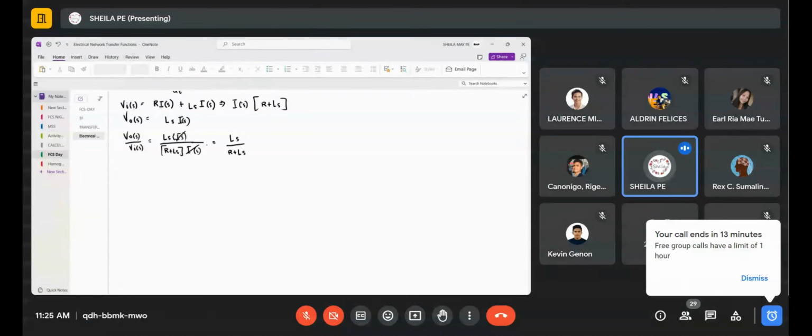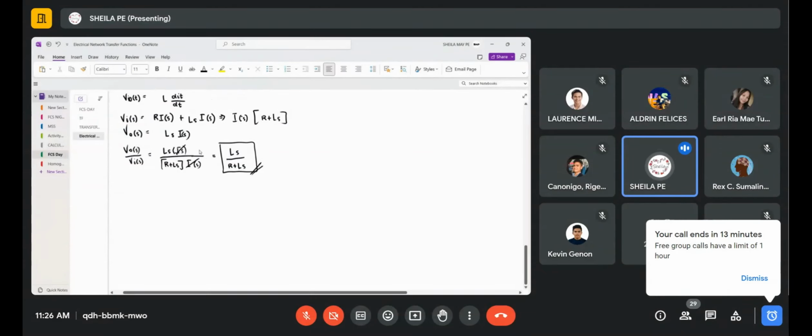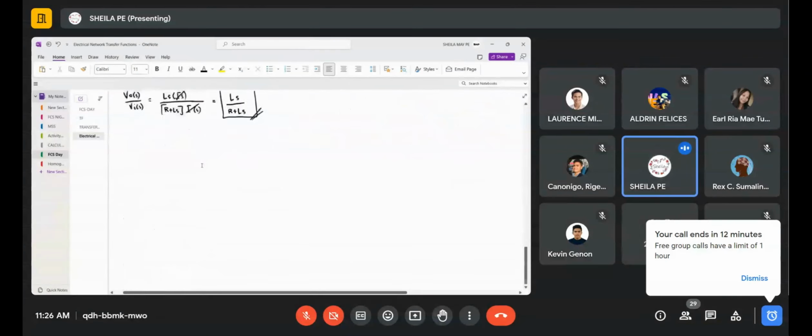If we take the output voltage across our inductor. If we take the output across our resistor, class, so meaning our output is across the resistor.